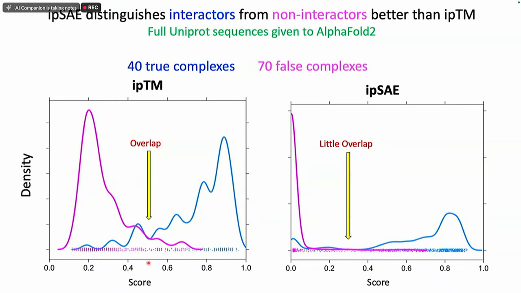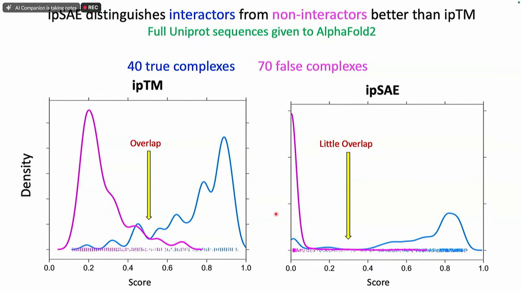There's a lot of both true and false complexes that are getting scores between 0.4 and 0.6. That's not helpful. On the right is our score, this ipSAE score, and there's very little overlap between the blue curve and the magenta curve. So the false complexes are almost all less than 0.1, the true complexes are almost all greater than 0.4. There's a few true complexes that AlphaFold doesn't score well no matter what.